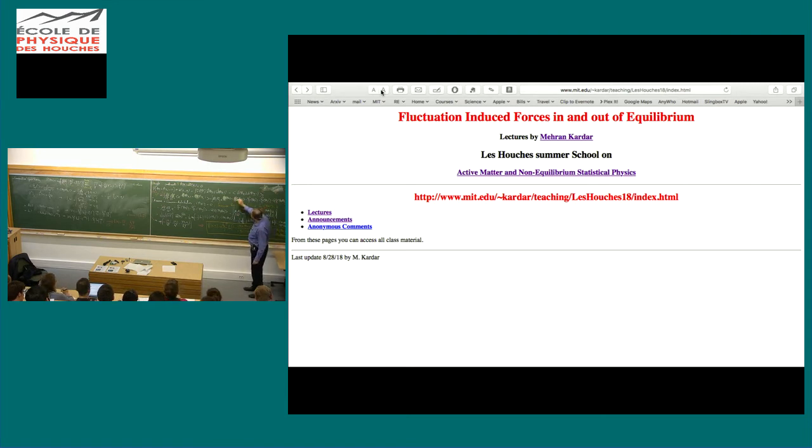I will have P2 squared, P1 dot gradient, P2 dot gradient, and then I would have here P1 squared gradient squared, P2 squared gradient squared. And here it becomes kind of interesting.